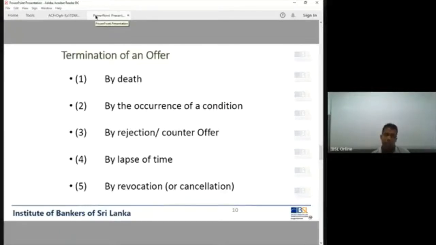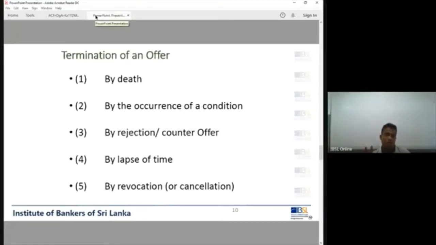Then the second one is when there is no time limitation mentioned. No time is mentioned in the offer. So then what is the situation? When the expiry date is not mentioned, you can't argue that the offer is valid forever.